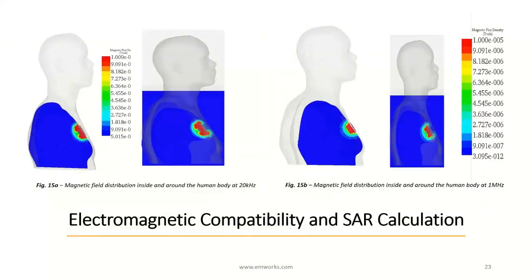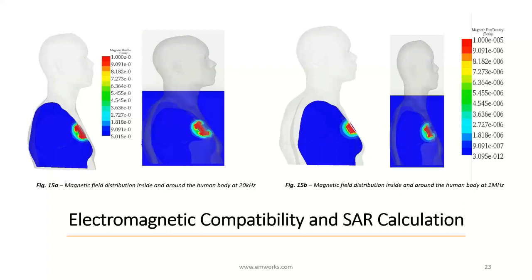The human body has very low conductivity, but it increases with the frequency. The simulations were performed at two resonant frequencies, which are 20 kHz and 1 MHz. Figures 15a and 15b show the magnetic field distribution inside and around the human body.